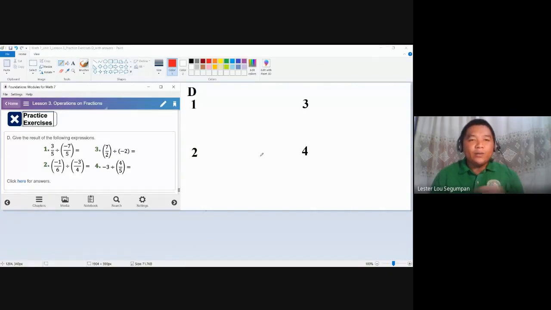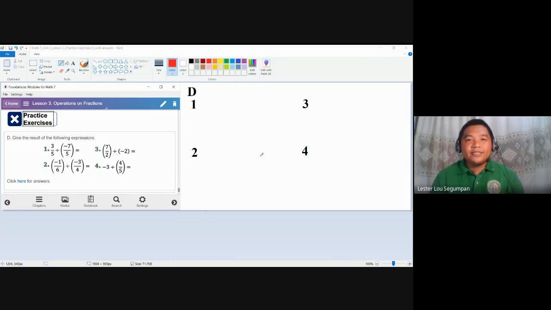But before we deal with the items here, similar to the subtraction of fractions, where we can manipulate the operation and make it addition, because addition of fractions is easier to solve or to look at than subtraction, especially if we deal with plenty of negative signs, we have here a very important process when we divide fractions.